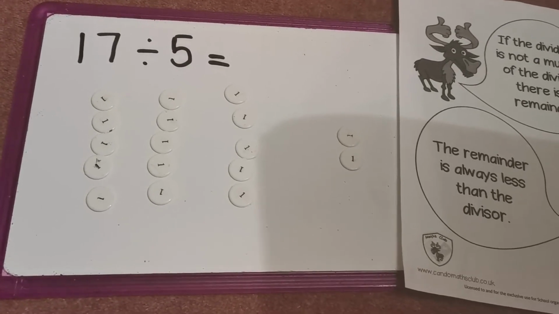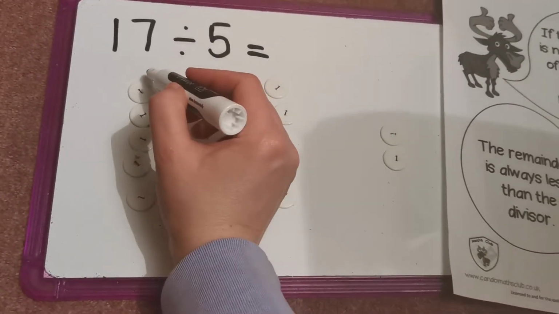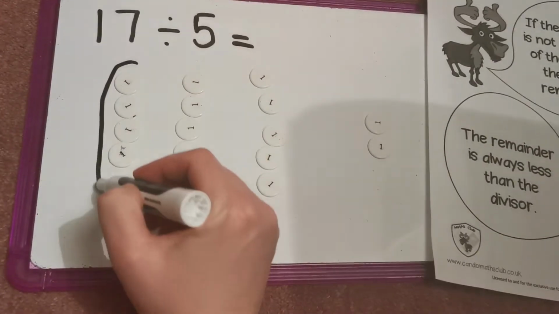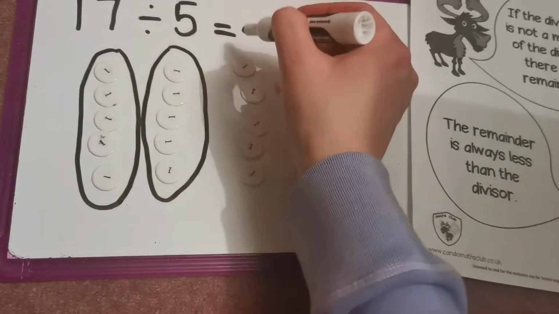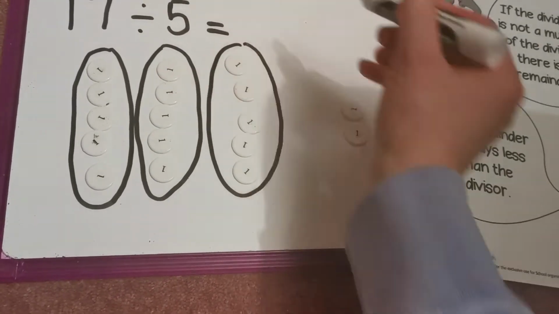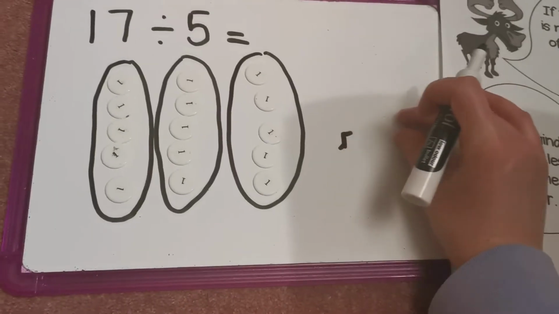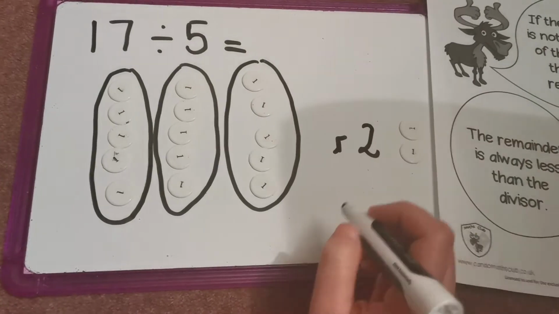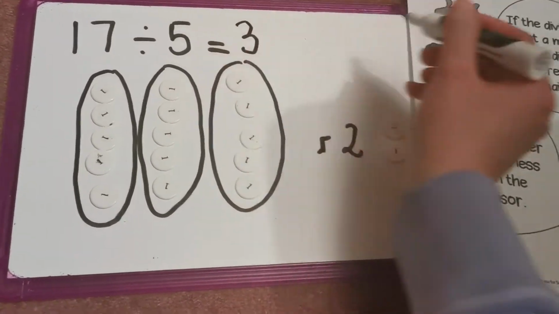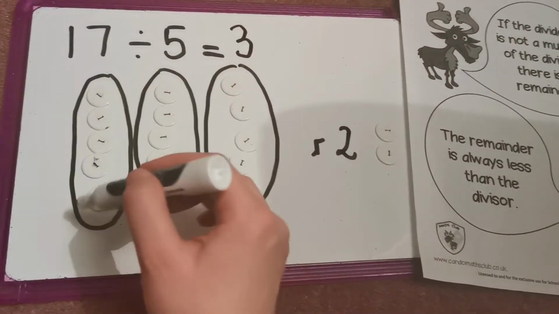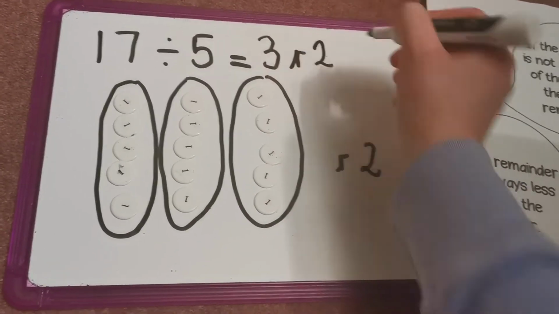It means that 17 is not divisible by 5, and that is because it's related to our times table. We've got 1 group, 2 groups, 3 groups of 5, and then we've got a remainder, so we write remainder in short terms with the R, 2. So the answer is 3 groups, because we're trying to make groups of 5, and we're trying to make sure that they're equal, remainder 2.